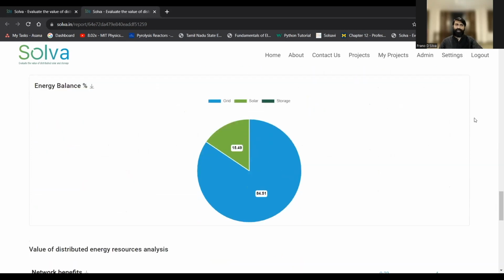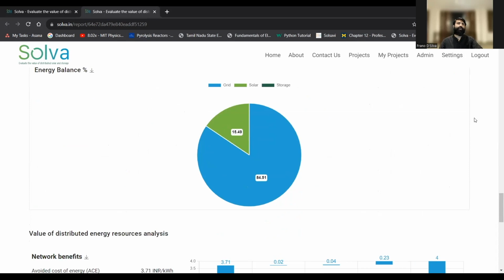We also provide the energy balance, that is the percentage share of solar to satisfy the load. In this case, we see that 15% has been satisfied by solar and 85% is being satisfied by grid.